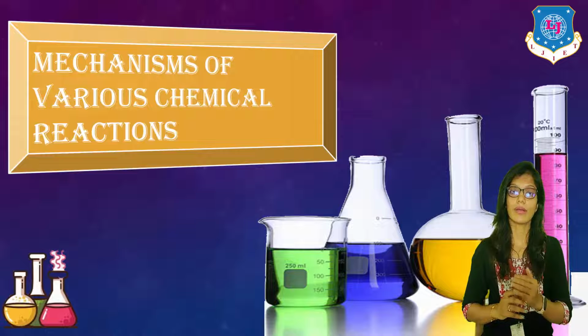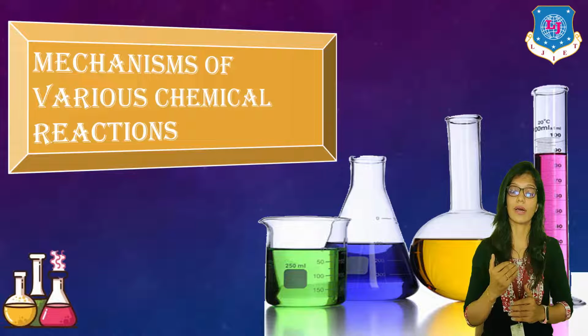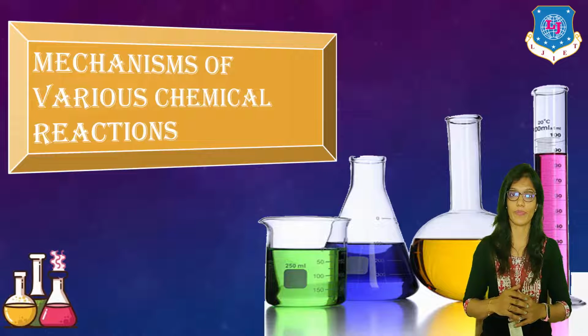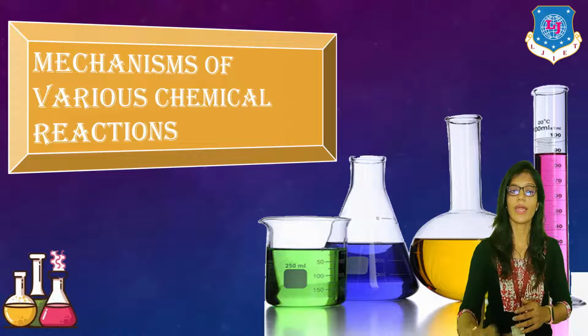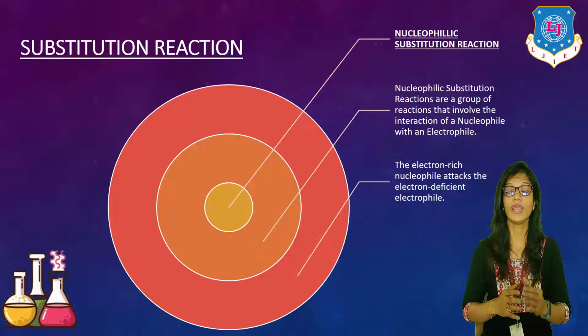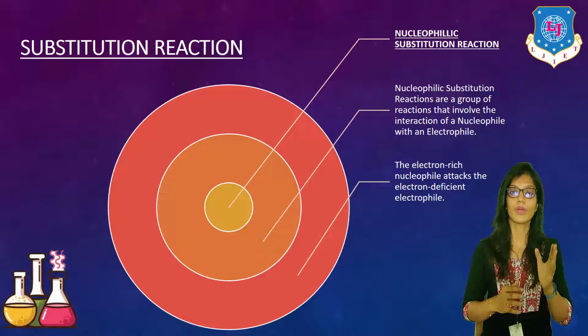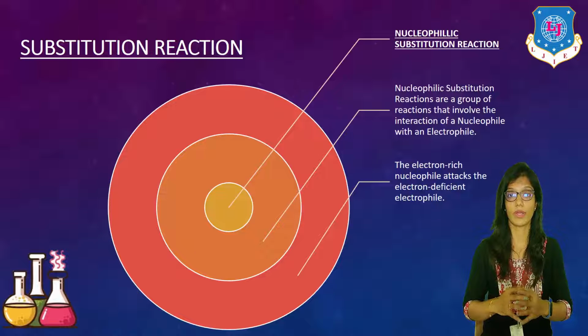So these are different types of reactions, and along with them we have to see what the mechanism is. In an addition reaction, we get only addition of a particular compound, atom or group to our compound.